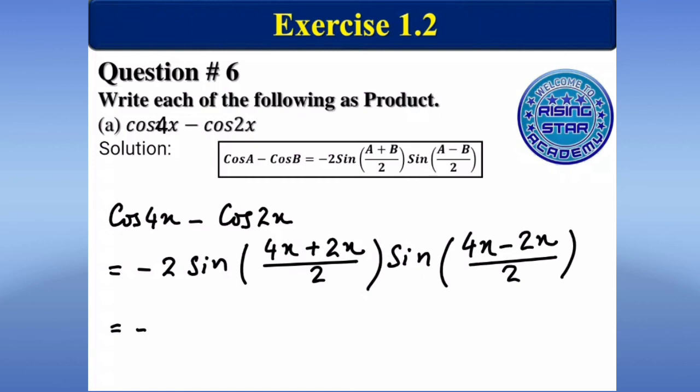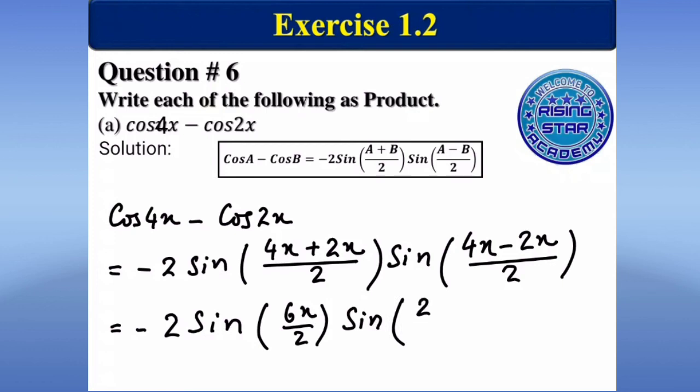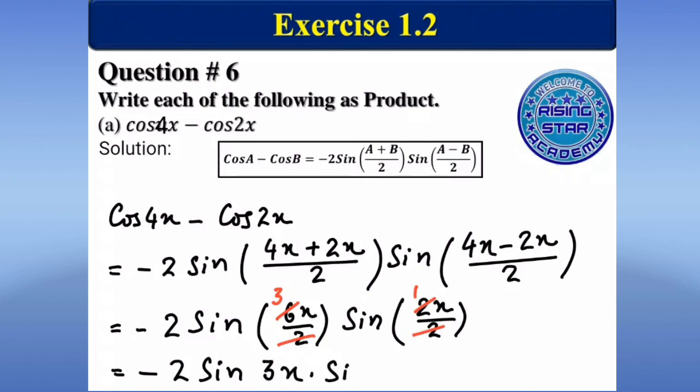Now we have 2 sine of 6x over 2 into sine of 2x over 2. After simplifying, we get negative 2 sine of 3x, the 2s cancel out, and here we have 1. So now I will write sine of 3x into sine of x, and that would be our answer. Now we will move to the next part.